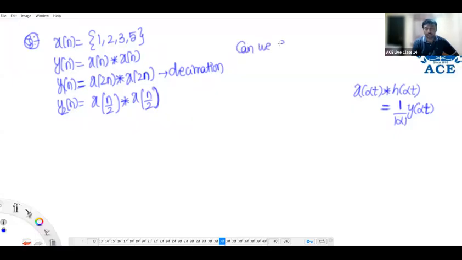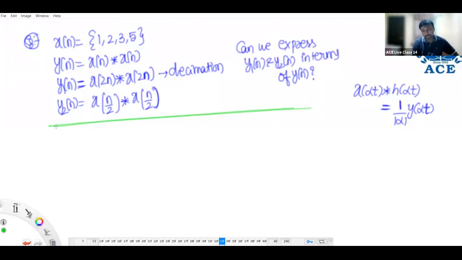Can we express y1 of n and y2 of n in terms of y of n? Y1 of n we cannot express. Y2 of n is the interpolated version of y of n.